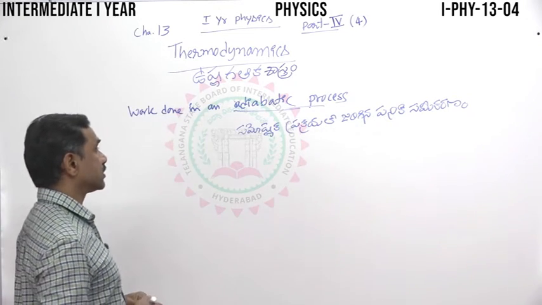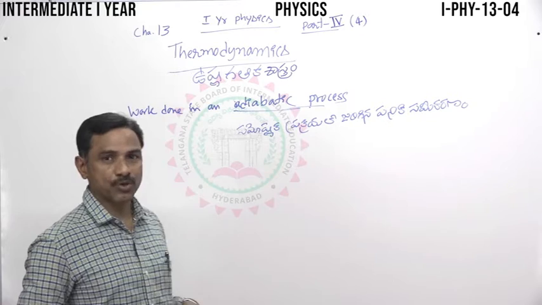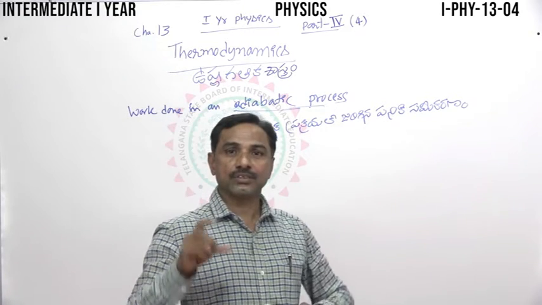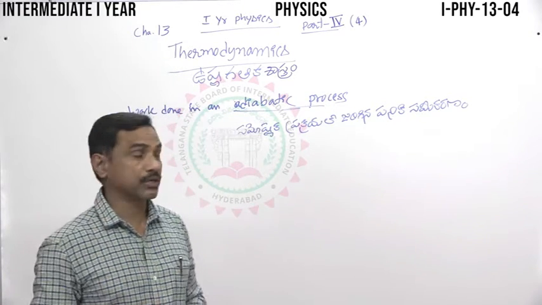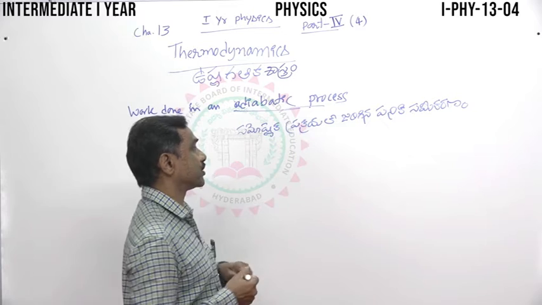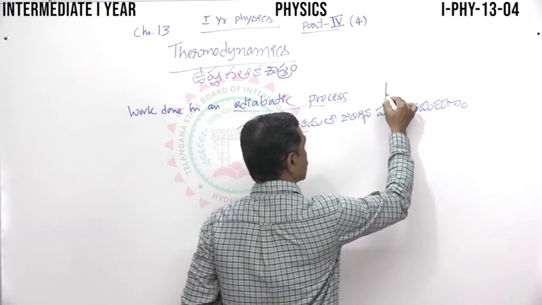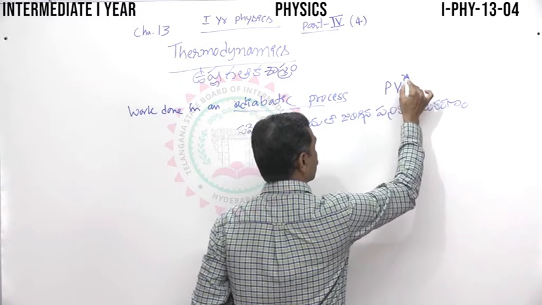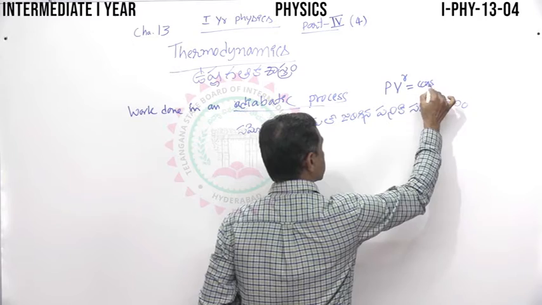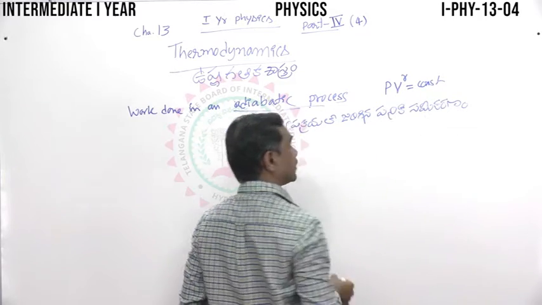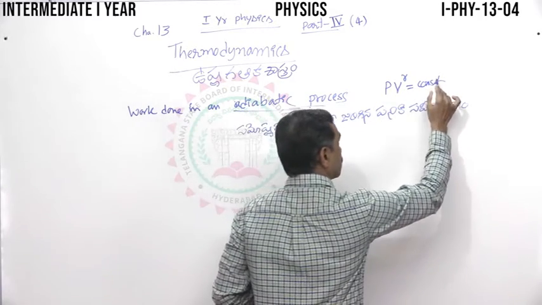It is a relatively very quick process. Here Boyle's law does not hold good. A separate equation, called the adiabatic equation, PV to the power of gamma remains constant, which we already discussed.